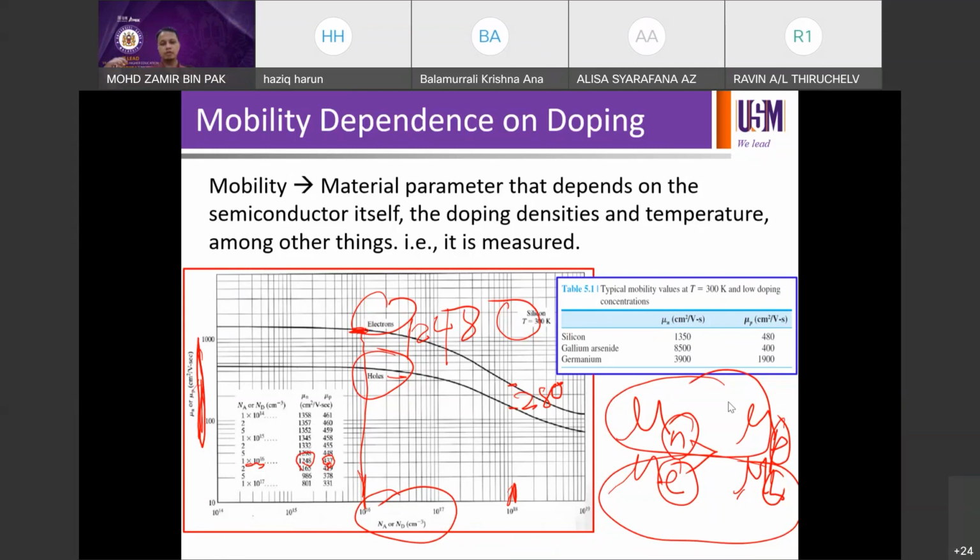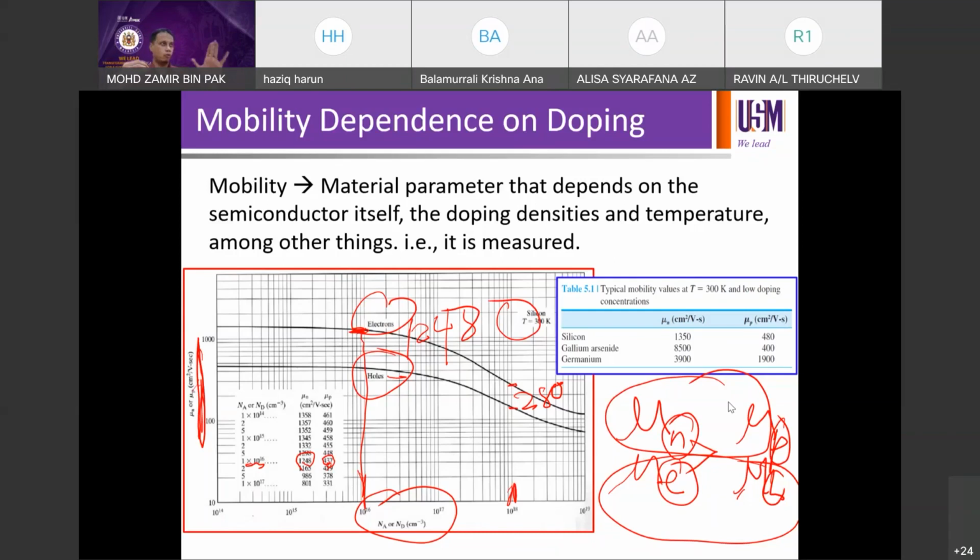Because the moment you increase doping level from 10 to the 16 to 10 to the 18, there are more and more impurities incorporated into the lattice. The lattice gets busier and crowded, and hence more collisions, right? The moment you have more collisions, remember, go back to the definition of the mobility, the ease of movement. How easily the carriers move within the lattice to do the conduction. It's now a lot harder because you have impurities in between.